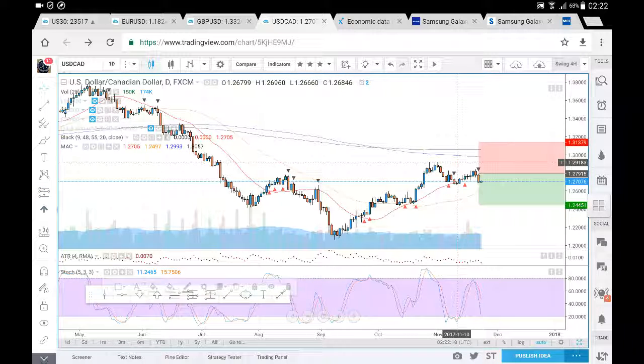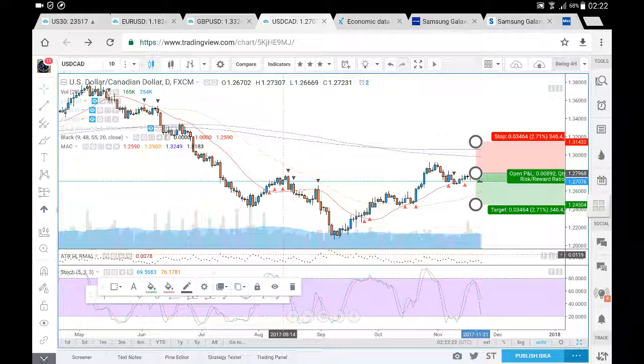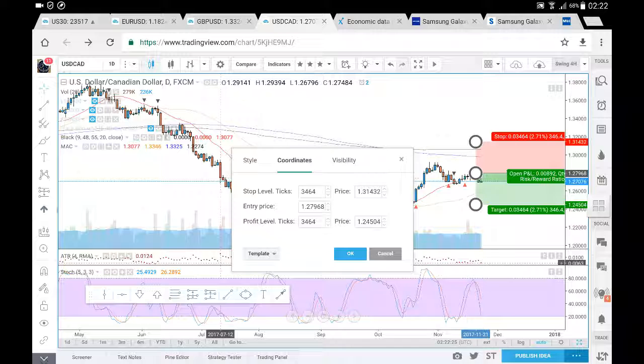So there we are. Let's get the levels marked out on the chart. The high of the previous day is where we would place our stop, and the high of the previous day is in and around, let's see if it's right, 127.90 essentially. So we've got a stop at 127.90.